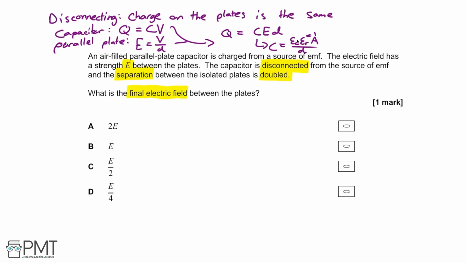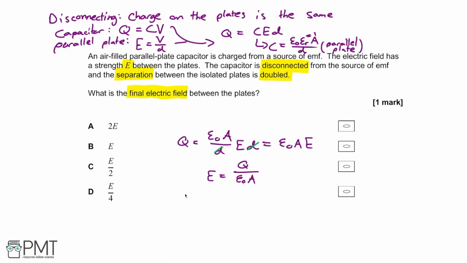So what that means then is that Q is given by epsilon naught A divided by D multiplied by ED, which is equal to, tidying up, the D's cancel, to leave us with epsilon naught A E. So simplifying, E is equal to Q divided by epsilon naught A. So what this means is that the field is independent of the separation of the plates.